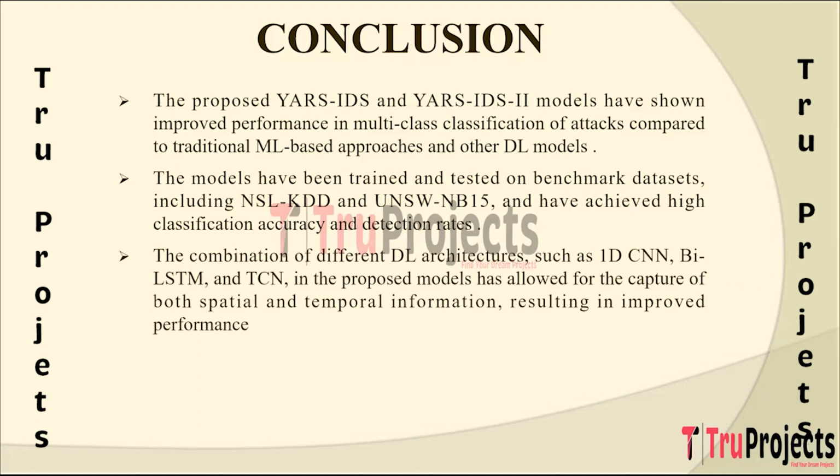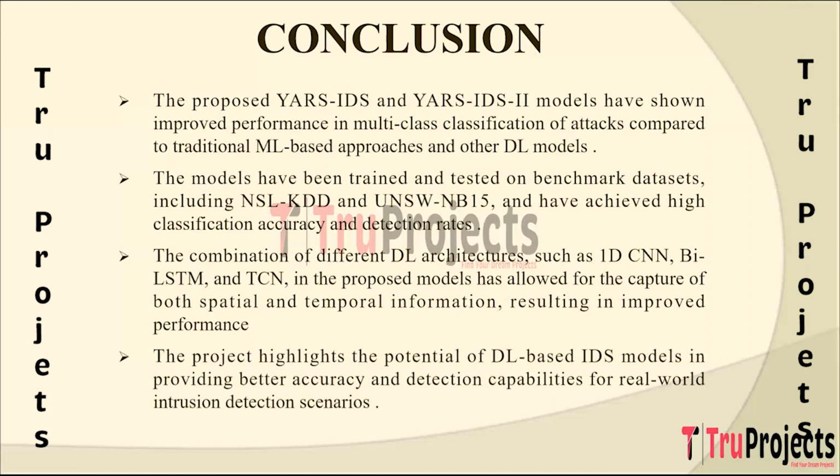The incorporation of multiple DL architectures such as 1D CNN, convolutional neural network, BiLSTM, bidirectional long short-term memory, and TCN, temporal convolutional network, in the proposed models allows them to capture both spatial and temporal information effectively. This combined approach enhances the model's capability to comprehend complex patterns and relationships within the network data.